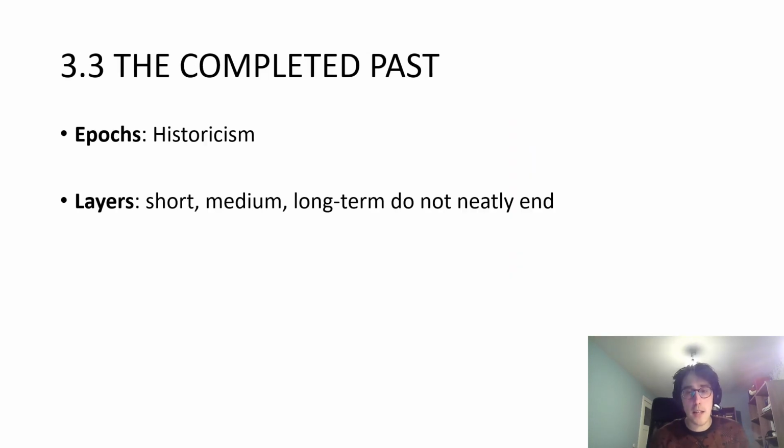Then there's the complicated past, the notion that the past seems to be very foreign sometimes, seems to be very different. When we read things from the 50s, we tend to not really recognize ourselves in what people were saying in the 50s or in the 19th century. Ideas about race, ideas about gender, those tend to be things that we don't really think about in that similar way today. So that leads historians to think about epochs, historicism, the need to understand what actors were saying within their time frame.